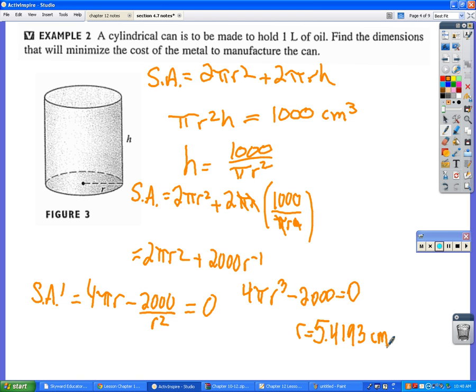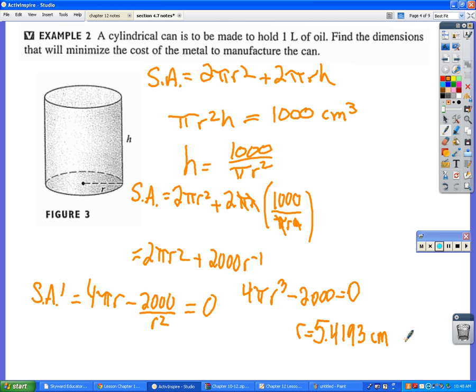How would you use the radius to figure out the height? Plug it into this equation right here. How do we know that this is a minimum? You can take the second derivative of this thing right here and then plug this number in and see that the answer this time should be positive if we want a minimum.